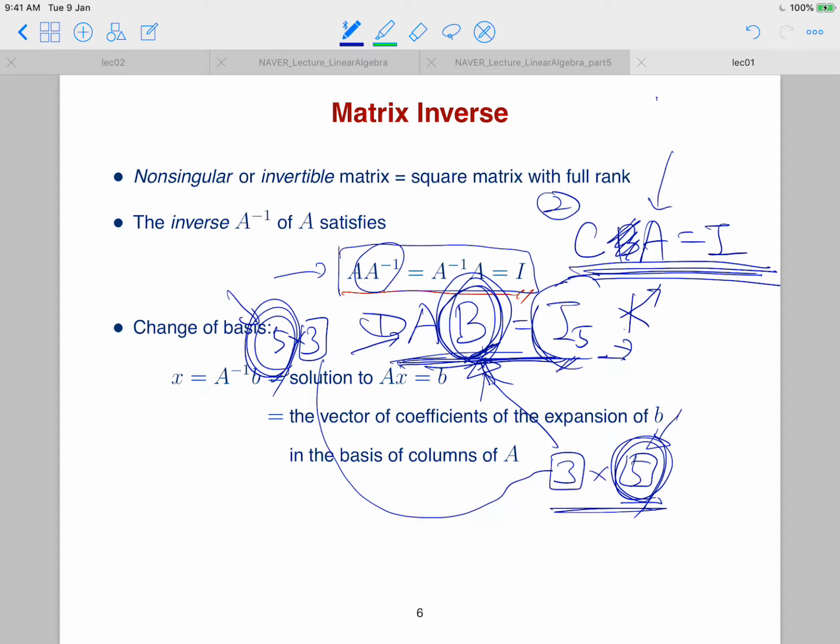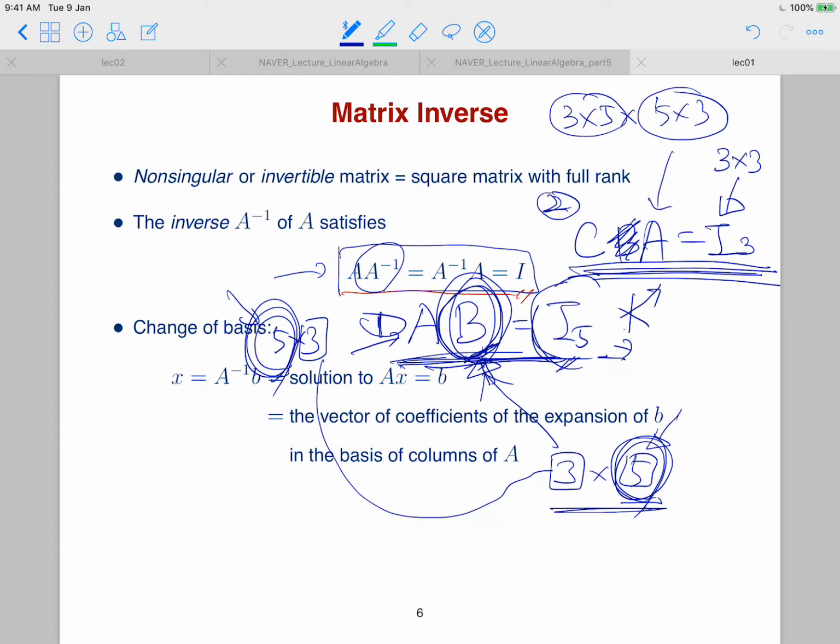What about this one? In this case, A is 5 by 3, and so C should also be 3 by 5, right? And the identity matrix should have the size of I3, right? So we have the first and the second equation.